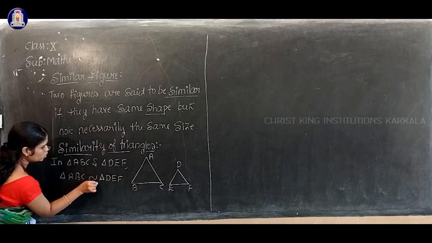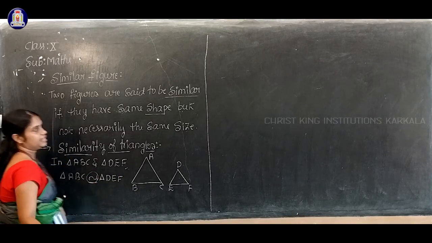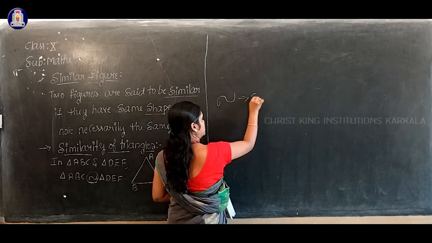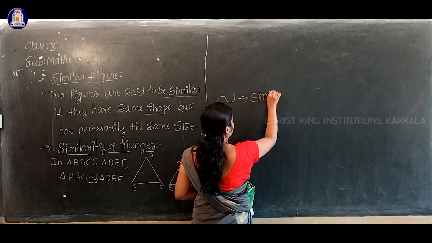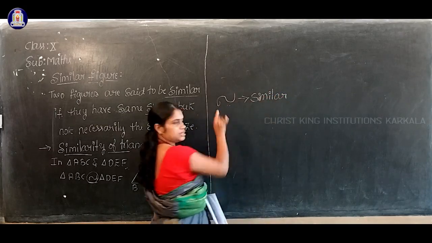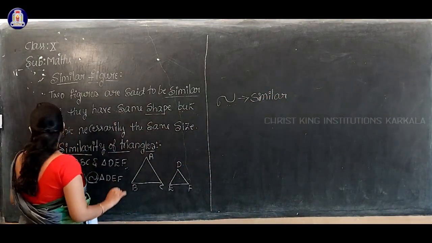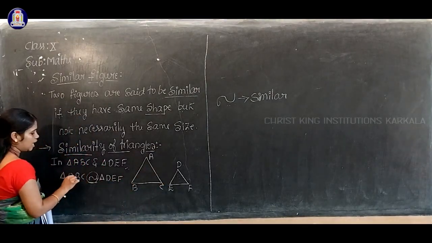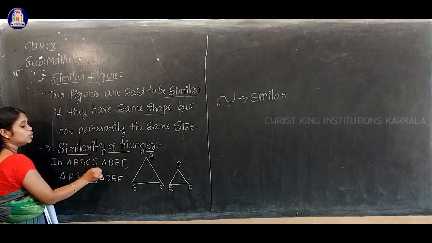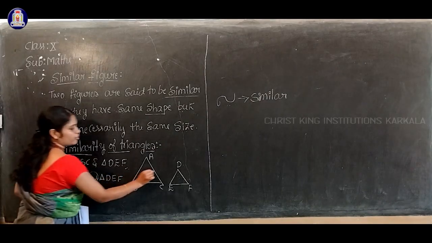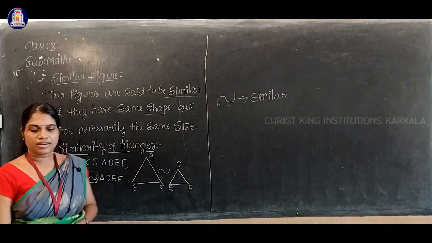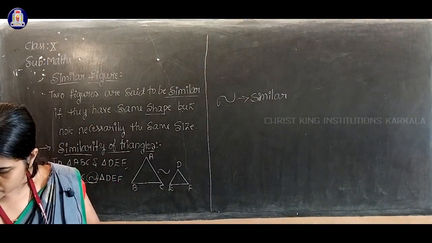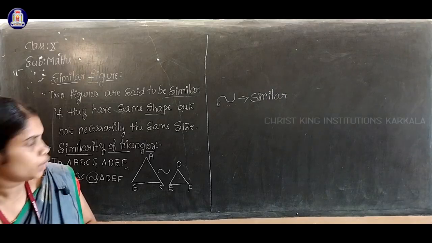We use this symbol to indicate similarity; the meaning of this symbol is similar. So when can we say that triangle ABC is similar to triangle DEF? It must satisfy two conditions.